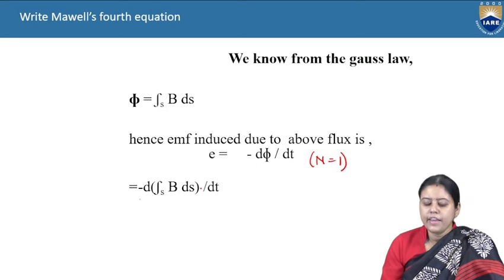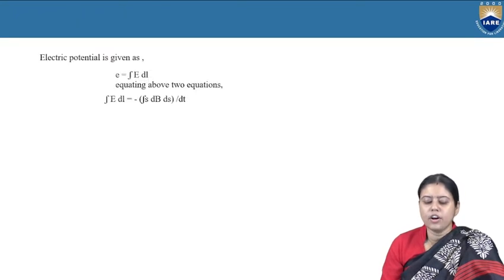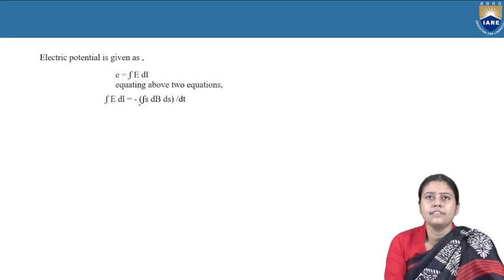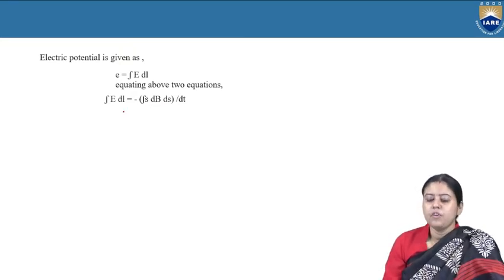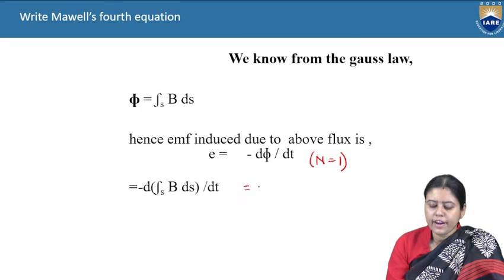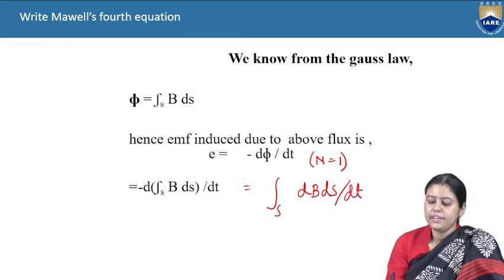Here we got E is equal to integration of E dl. So comparing the both, we are getting integration of E dl is equal to minus d by dt of integration of B dS. Here we can write the surface integral of dB by dt dS.